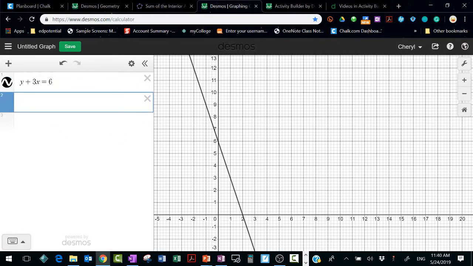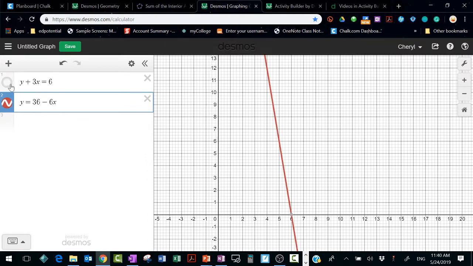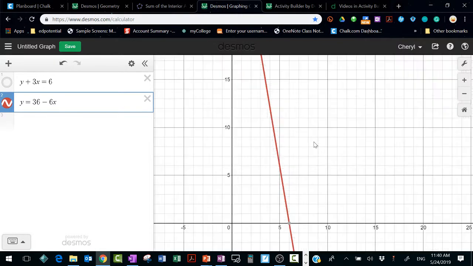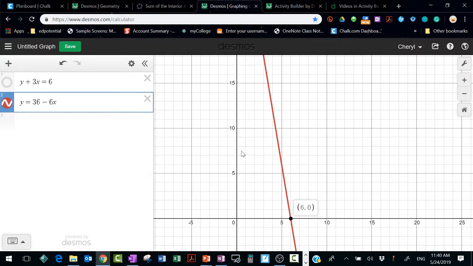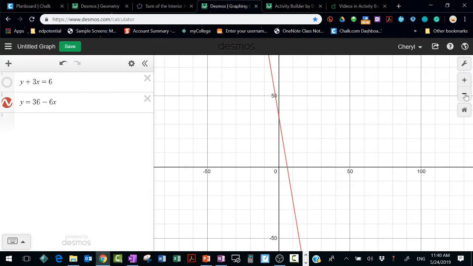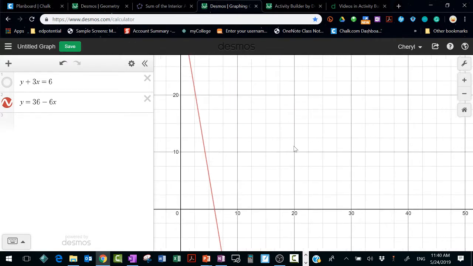So you've got to learn how to use this. Now y is equal to 36 minus 6x. I can turn that other one off, and now I have this one. You'll notice that I can get my x-intercept, but I don't really know where my next point is exactly, so I may have to scroll out a bit. I can get some points.